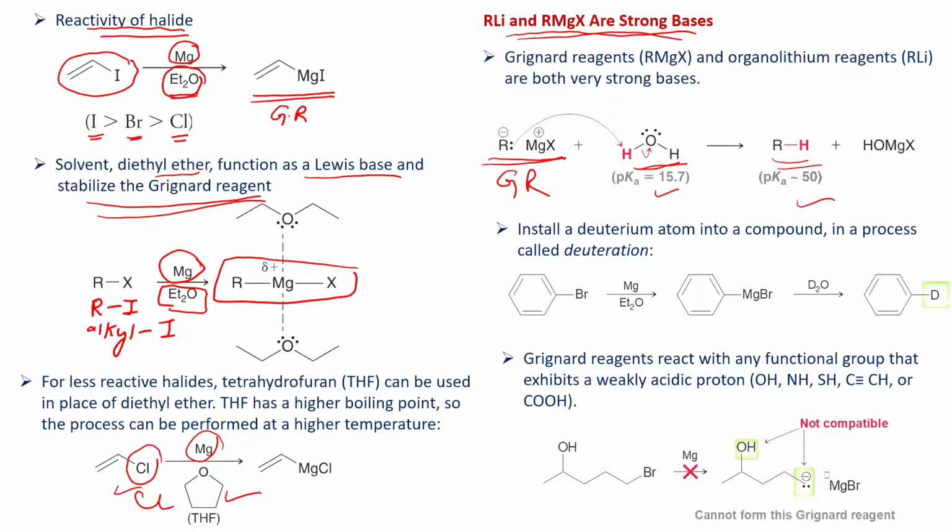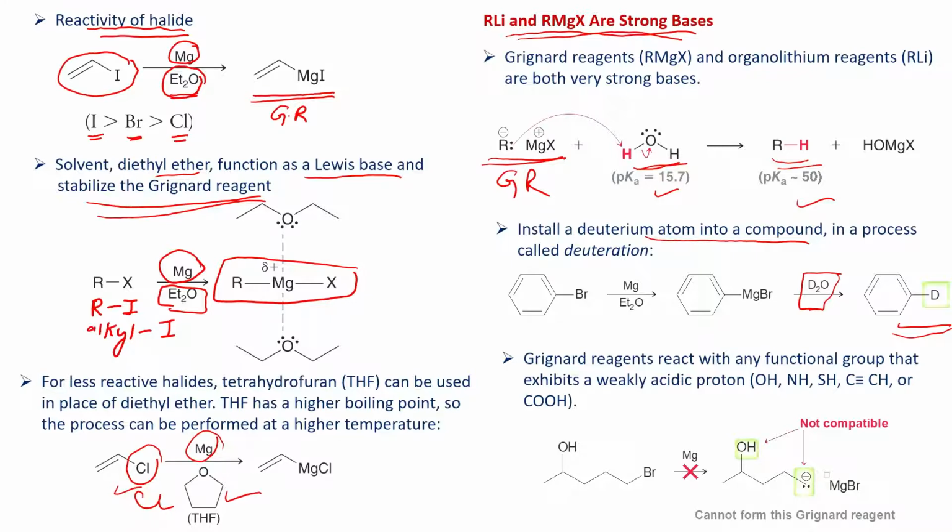This is the reason whenever you perform a reaction with Grignard reagent, you generally use dry solvent like dry THF and dry diethyl ether. Even a trace amount of water reacts very fast. Next, if you want to deuterate your compound, in place of water you can use deuterated water. So you will get your deuterated product.